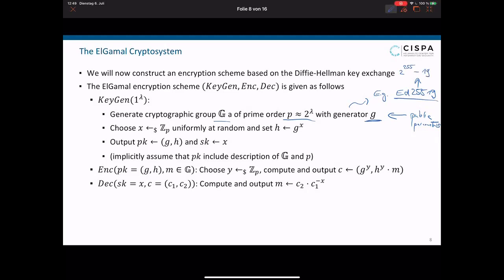It turns out that's a prime number, and we want prime order groups for most applications in crypto. This 25519 is just a shorthand for the order of this group.